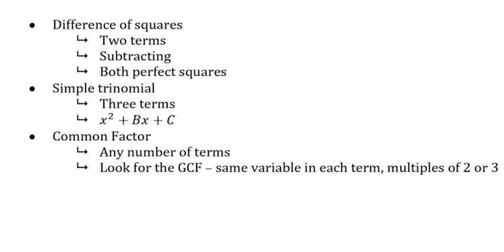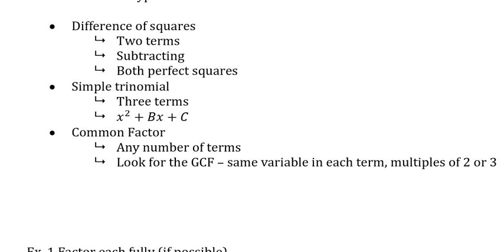One of the things that's going to be a big help to us is the number of terms. You'll notice that a difference of squares has 2 terms, whereas a trinomial has 3. By definition, a trinomial, tri means 3, triangle, tricycle, right? Always refers to 3. So a trinomial has 3 terms.